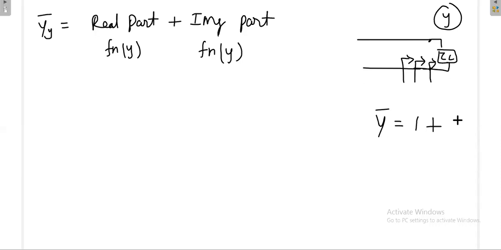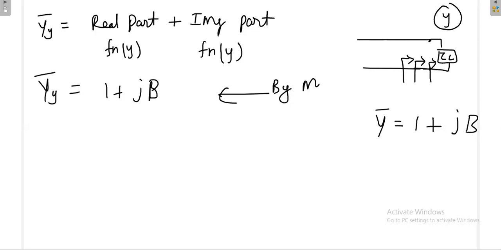When you get 1, we don't know what the complex value there is, but our aim is to get 1. That's okay. First, we are trying to get this value. How can you get this? By moving along the line.